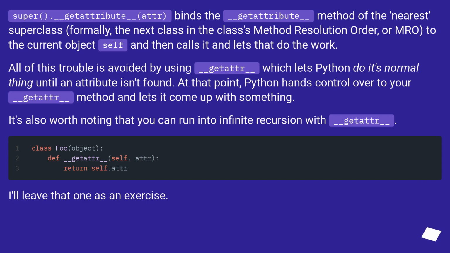All of this trouble is avoided by using __getattr__, which lets Python do its normal thing until an attribute isn't found. At that point, Python hands control over to your __getattr__ method and lets it come up with something.